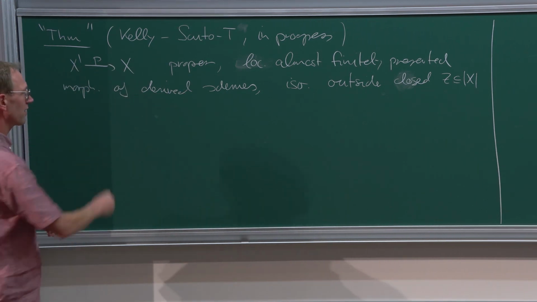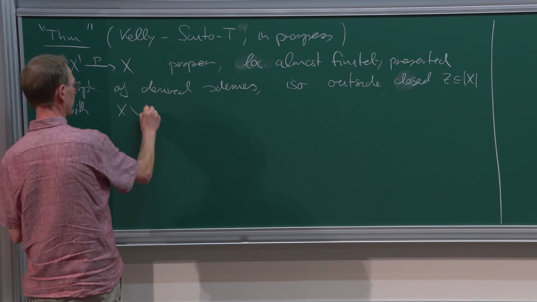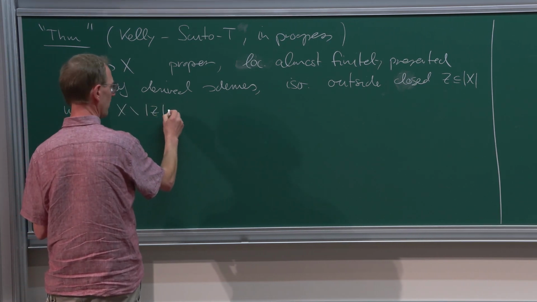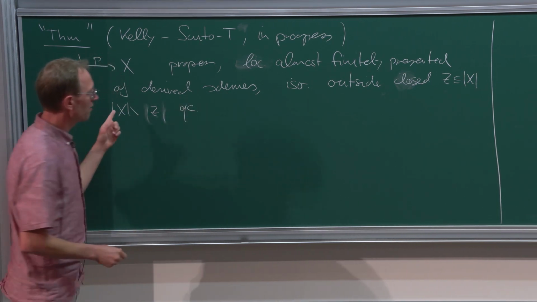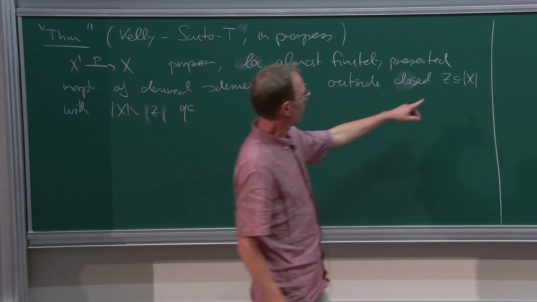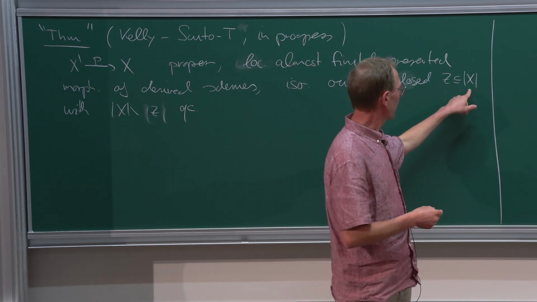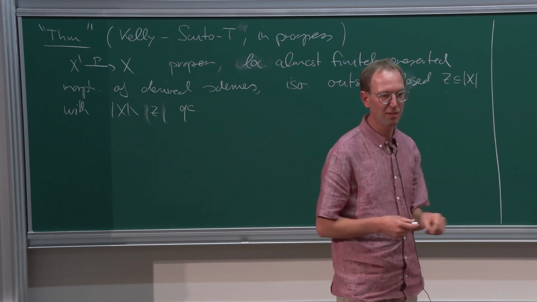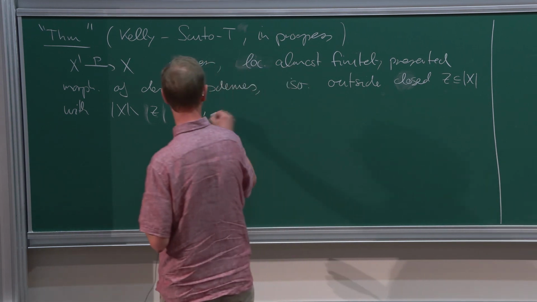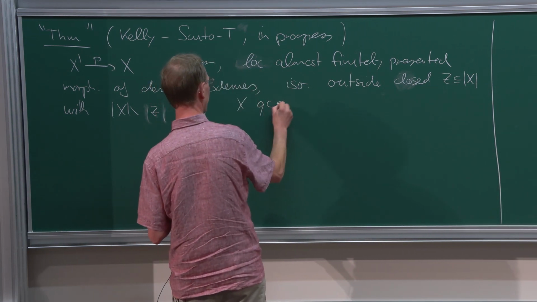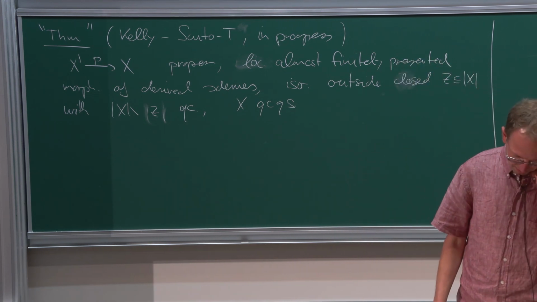And there's some finiteness condition, namely with the complement being quasi-compact. So in other words, this closed subset can be cut out by finitely many equations, let's say in the affine situation. And now that I say this, I remember that we also need that X is quasi-compact, quasi-separated for reductions to the affine case.